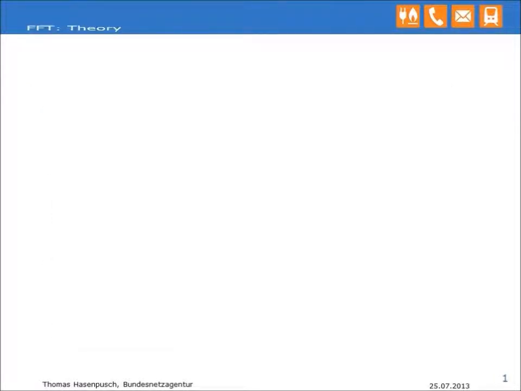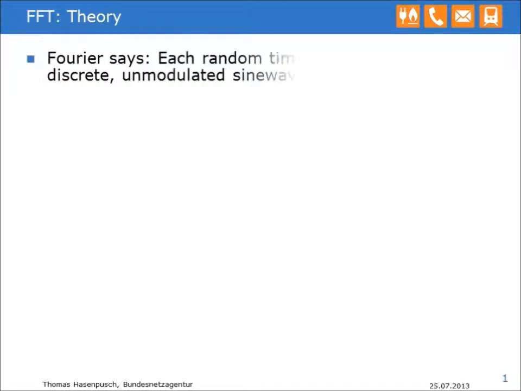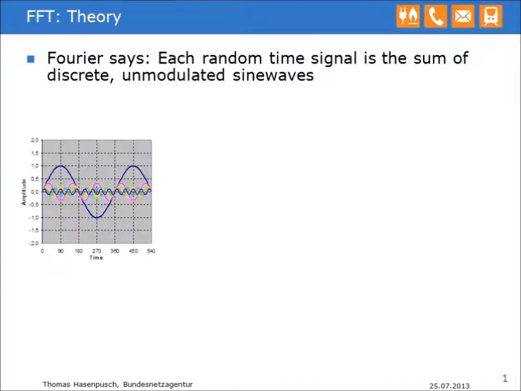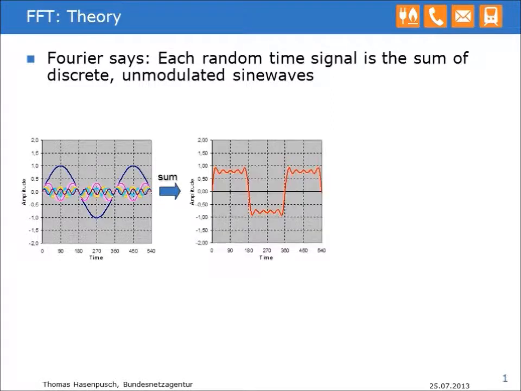Now for the FFT analyzer principles, Fourier has developed a mathematics that can transform a time signal into a sum of discrete unmodulated sine waves. In this example, we have a couple of sine waves that are unmodulated, and they have different amplitudes and different frequencies. If we add all these sine waves pixel by pixel, we get the resulting wave that in this case looks nearly rectangular.